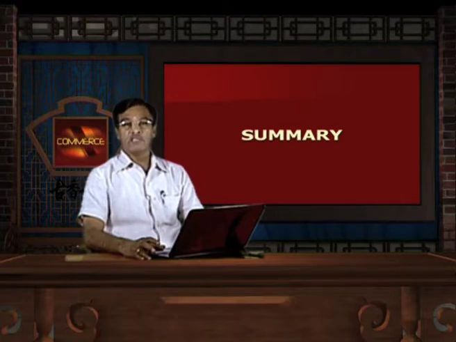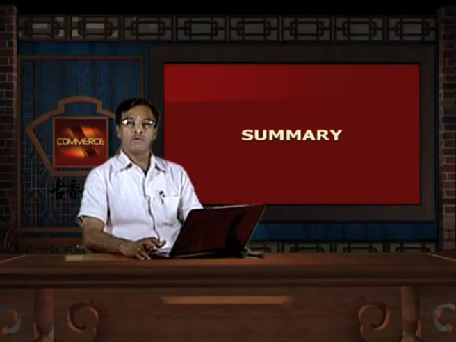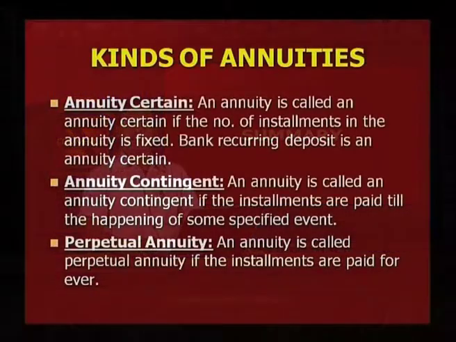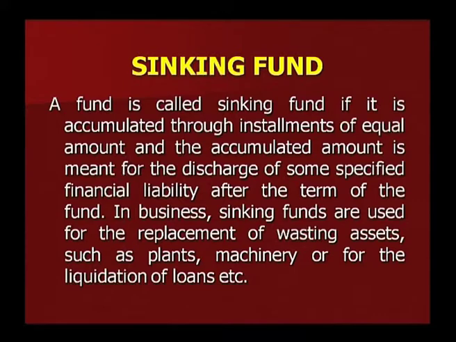In the annuity immediate, we have calculation after the whole period, and in the annuity due, we have calculated the interest in the beginning of the time period. Here in this program, I have also explained you about different types of annuity and sinking fund of the annuity.